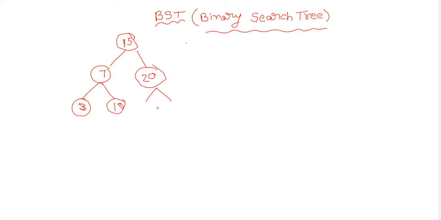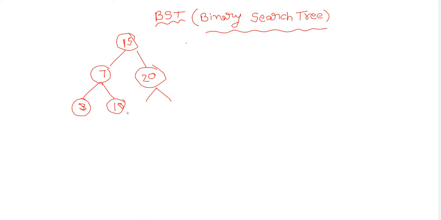Now you can ask one more doubt, sir. 3 is less than 7, fine. 10 is greater than 7, so this is a binary search tree. Now, can I put 20 here? 20 is also greater than 7, but you can't put it, because you also need to consider the root.